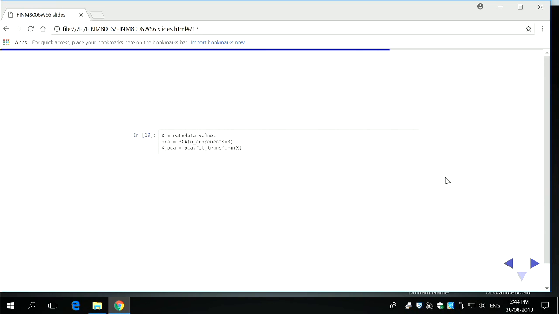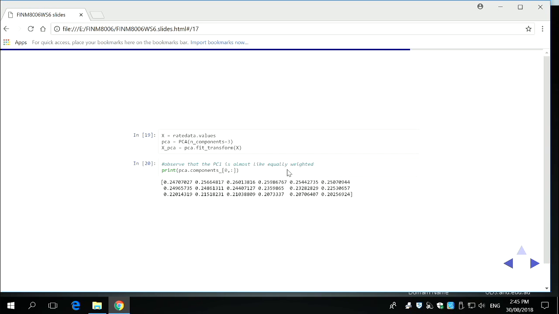Let's do a standard decomposition, right? Let's say I want 3 factors, and I want this PCA transform to be fitting these 3 factors. All right? Let me first look at the eigenvector.